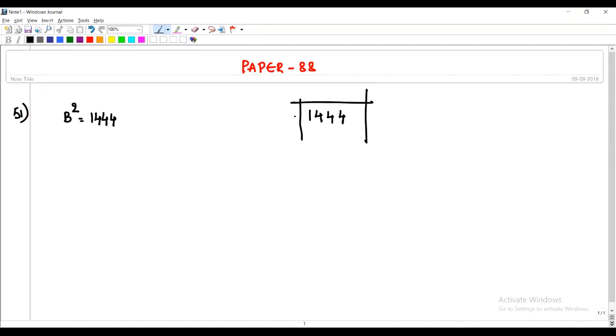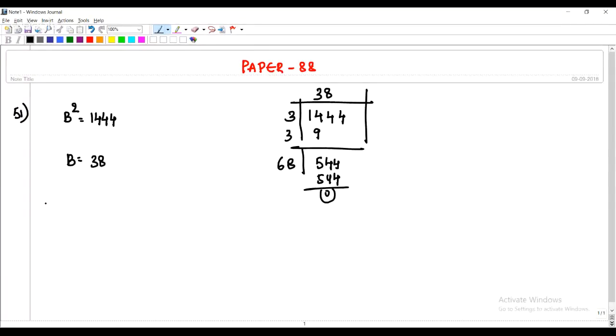1444. 3 threes are 9. I'll be getting 544. 3 threes are 6. You must place 8 here so that 68 into 8 becomes 544. So the square root of 1444 is 38.